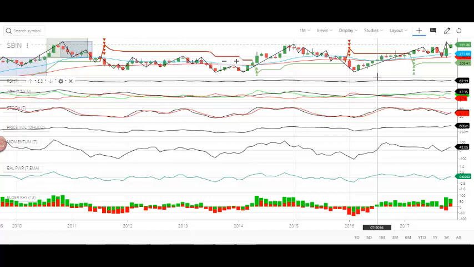Stochastics is playing nearby the 20 line, and actually below the midpoint, which is not good. But at the same time, the fast line has just crossed over the slow line from below, which is good, but it is in the initial phase.